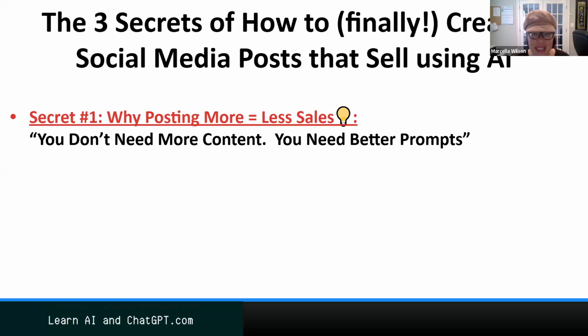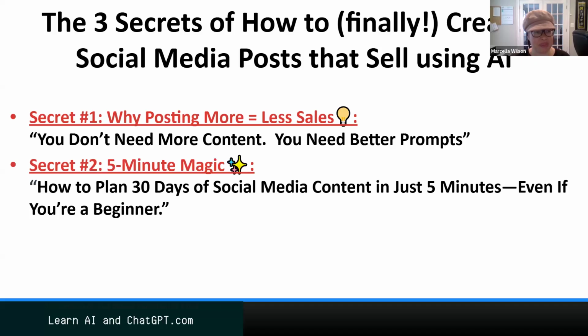So you don't need more content, you need better prompts. Secret 2 is how to plan 30 days of social media content in just 5 minutes, even if you're a beginner. 5-minute magic, y'all. Gone are the days where you're planning for days. I used to plan my social media content. It used to take me a week just planning it, and then I had to create it.